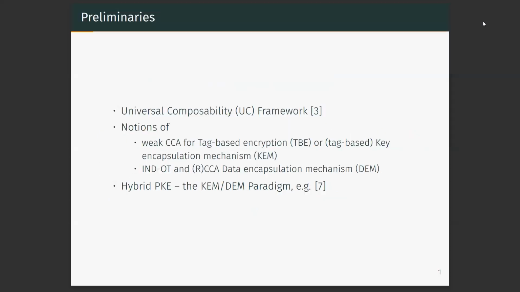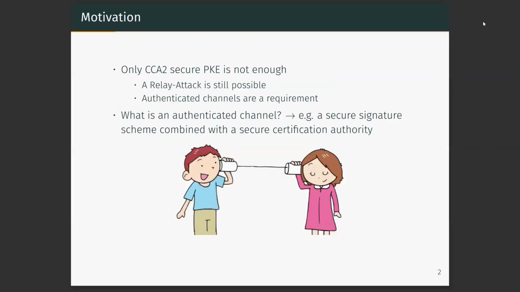First of all, I would like to motivate the concept of a secure channel. The basic intuition of such a strong channel is that an adversary is not allowed to learn anything except that there is communication taking place. Employing only CCA2 secure encryption, however, is not enough.